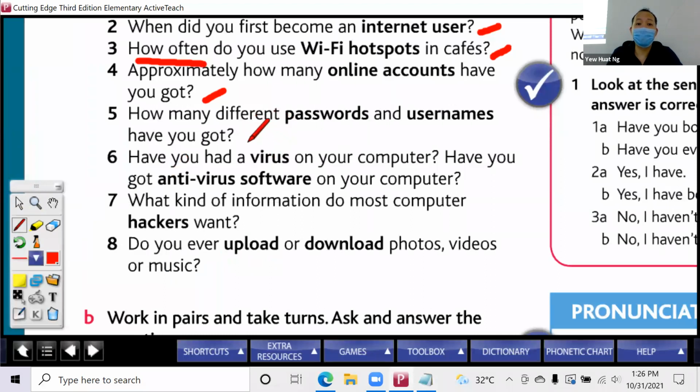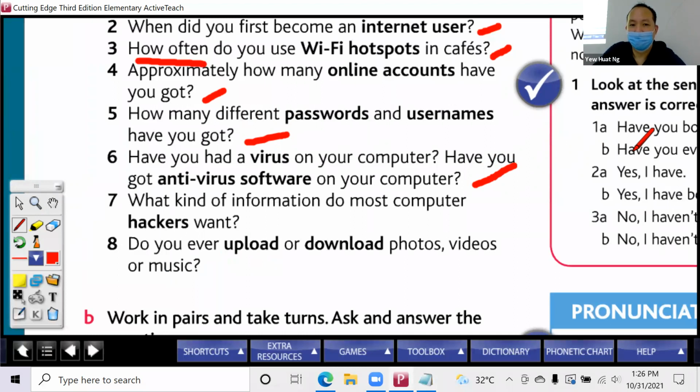All right, how many different passwords and usernames have you got? Several. This one? Next one, let's go. Jiahe, read this for me. Number 6. Especially if you had a virus on your computer.